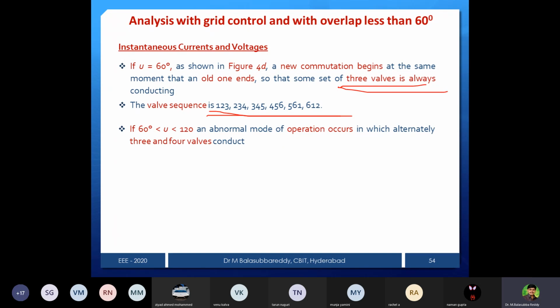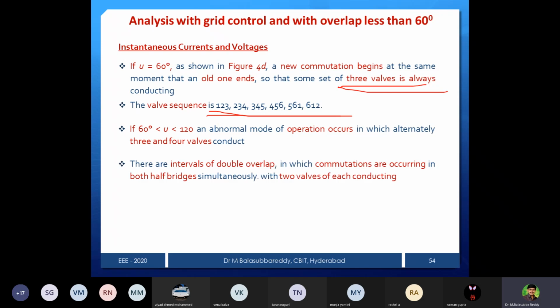I mean changeover on both sides, let it be 1 3 changeover, then 2 4 changeover. Then 1, 3 will conduct together and 2, 4 will conduct together. Totally 4 valves are conducting. That all depends upon alpha, or what you call the overlap angle. You will decide how many valves are conducting.